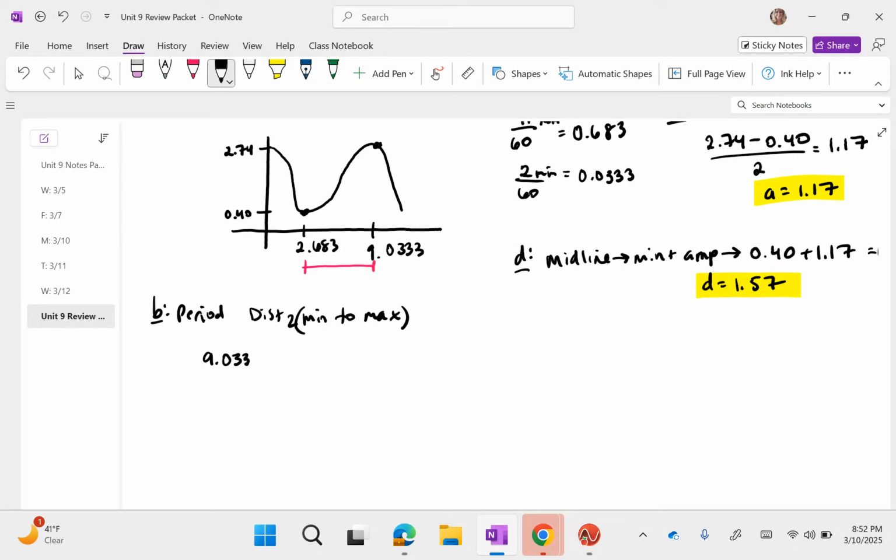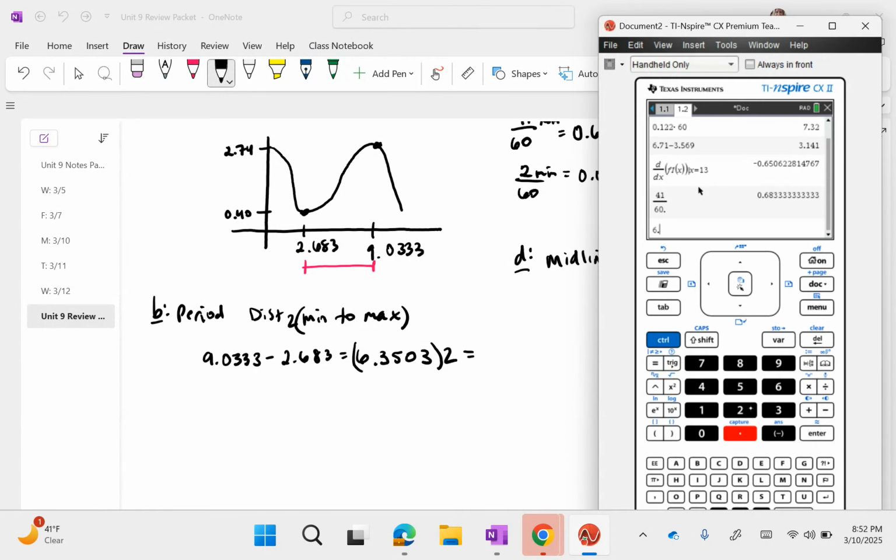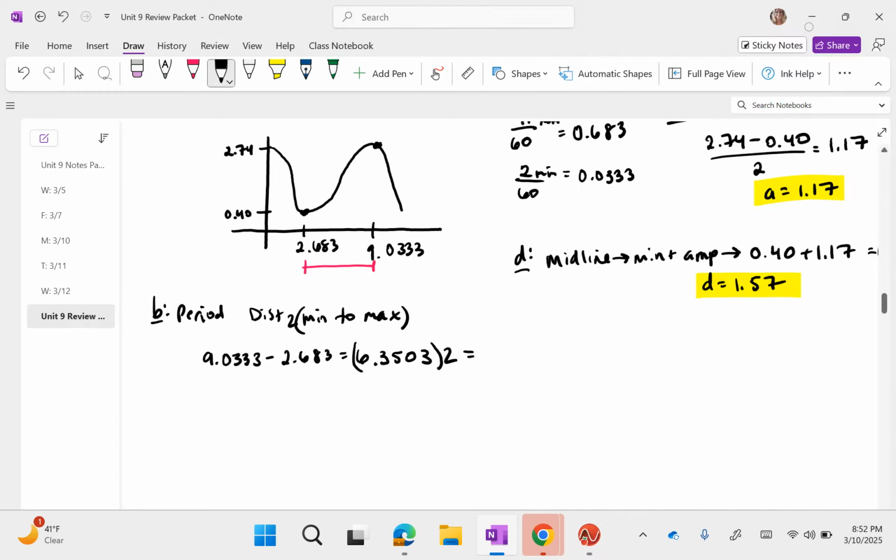So I've got 9.0333 minus 2.683. That's going to give me 6.3503. And then that's the distance between a min and a max, and then I'm going to multiply that by 2 to get my period. So that's going to be 6.3503 times 2, 12.7006.